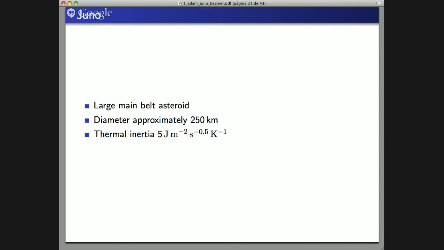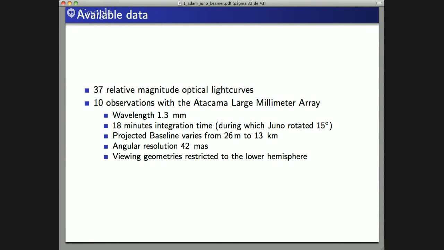We have 10 observations. Angular resolution is not very good, but we can still do the shape reconstruction. Another problem is that the viewing geometries are restricted to the northern hemisphere, so the southern hemisphere is not very well resolved.